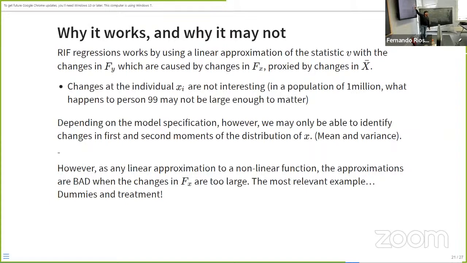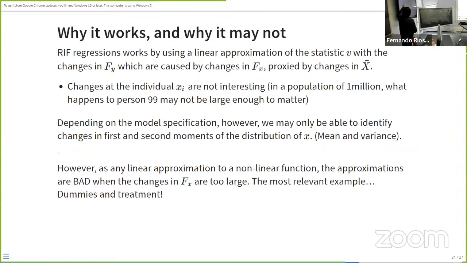Does that make sense? If in a population of the whole planet, you drop a person that has average income or that has $10 of income per day, how will the average income in the population for the whole planet change? Almost nothing. There's going to be a change, but the change is going to be so small that you won't be able to identify it. So that's why changes at the individual level are not interesting.